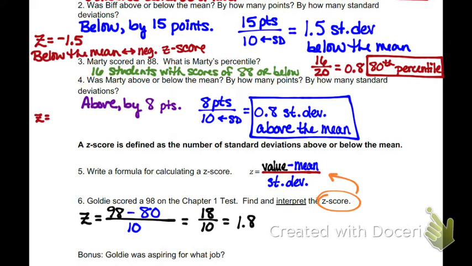Oh, I'm looking at the wrong one. 0.8. Sorry, I felt like I was getting a mix of two different answers, and I just wanted to make sure that I was clarifying here. The z-score is coming from this. If it is above, it's going to be a positive. If it is below, it's going to be a negative z-score here. Okay? So Marty's z-score would be 0.8, and it is above the mean, so it is positive.